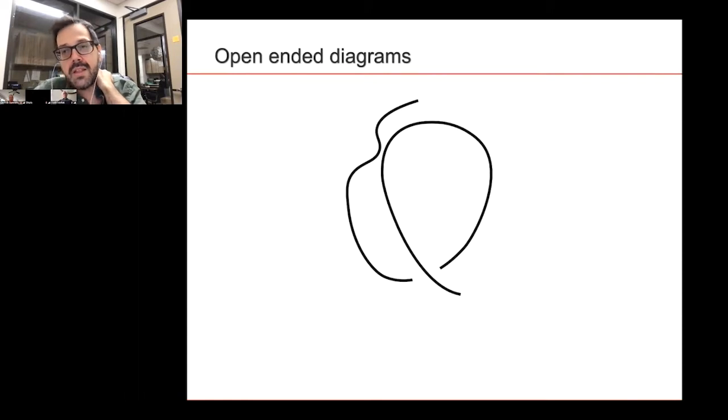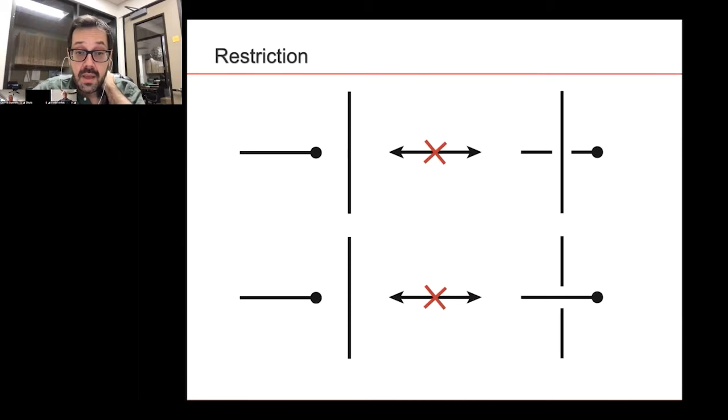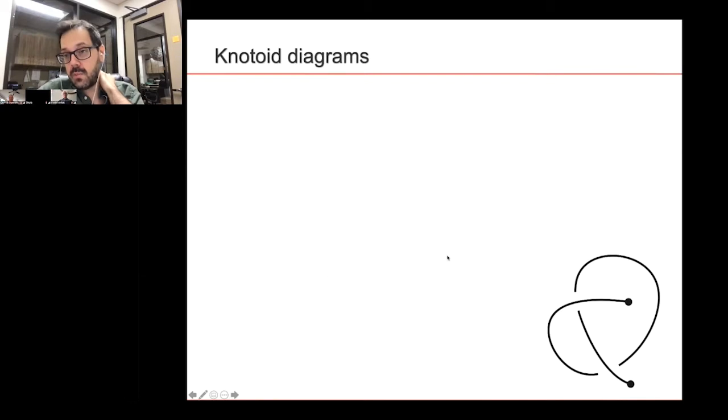So there is no way that we can draw something on paper that is open-ended and not trivial in this setting. However, if we apply a condition, don't allow the endpoints to cross over or under any other part of the diagram, then we are getting somewhere.